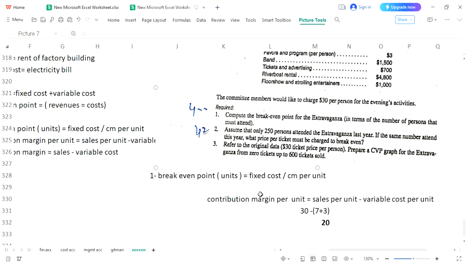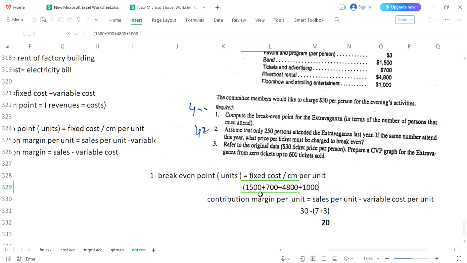So you can directly put it in your formula: 1500 plus 700 plus 4800 plus 1000. These are your fixed costs, and you need to divide it by CM per unit, and CM per unit 20 we have calculated, so put over here.